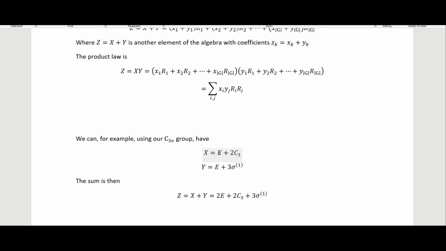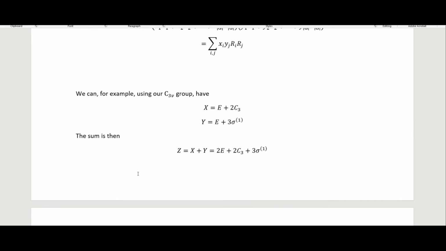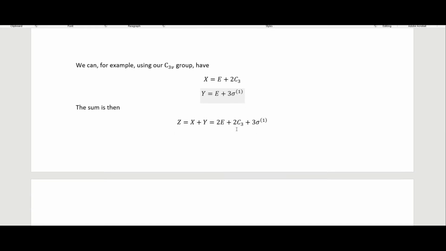If we have x equals the identity element plus 2 times our rotation, and y equals the identity element plus 3 times this first reflection, then the sum is we just add the two identity elements, so we end up with 2. We still have just a 2C3 because we can't add that to any of the other things here. And the 3 sigma 1 is still there.